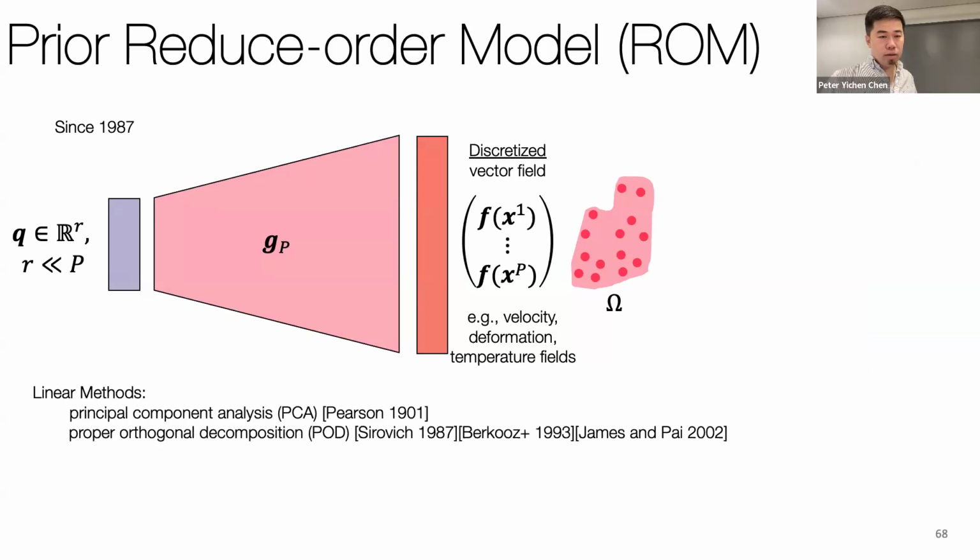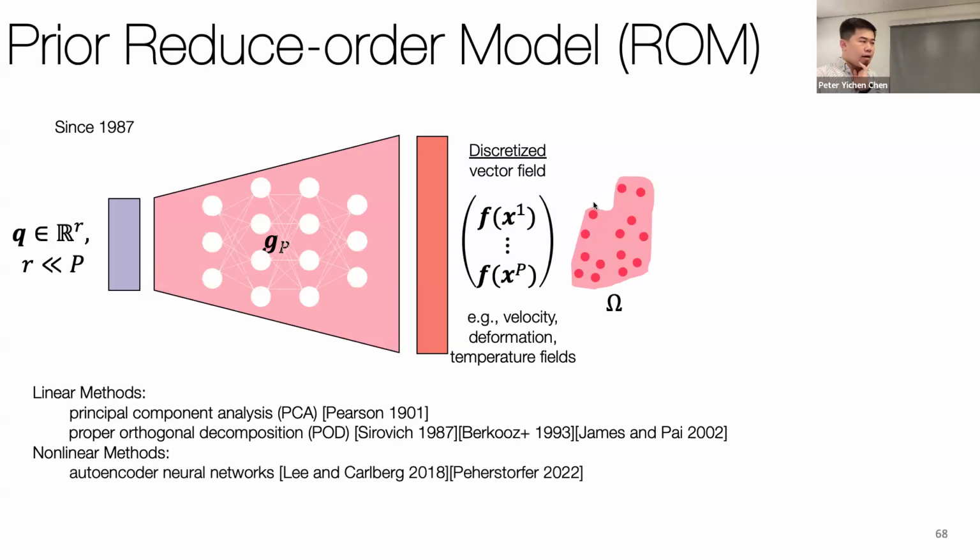Traditionally people use PCA, POD type of techniques, which is a linear mapping from your latent space to your discretized values. On the left is your latent space, and on the right is, let's say, a vector field, maybe a velocity field. Each of these particles carries a velocity value.